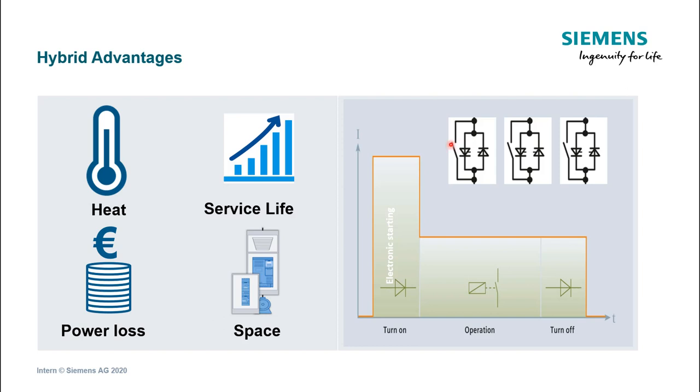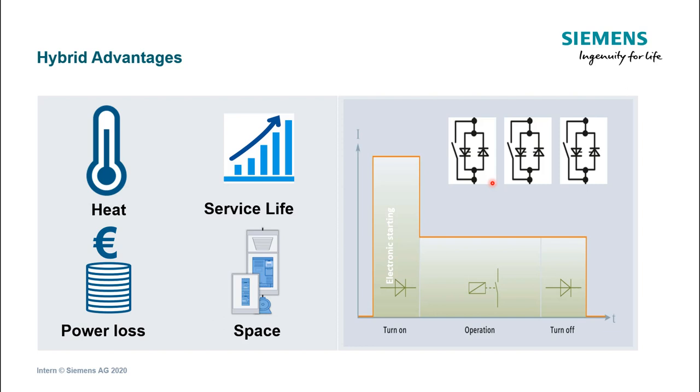So how does that compare to, say, a direct online starter or a star delta starter? If you're using a soft starter, you can achieve up to 30 million operations, whereas with a contactor, you can only achieve 3 million operations.